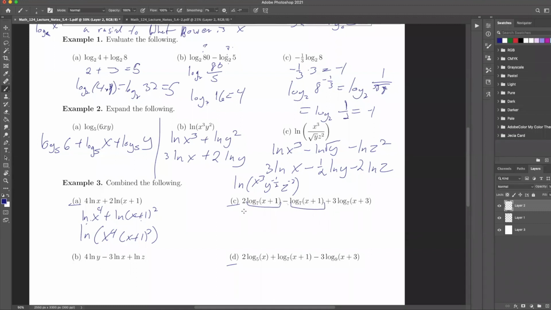So here, I could just write this as log base 7 of x plus 1 plus 3 log base 7. Okay? So I could do this, right? And actually, if I was doing it, that's what I would do, right? I'd put it together first. But just for the sake of learning, let's not do that.